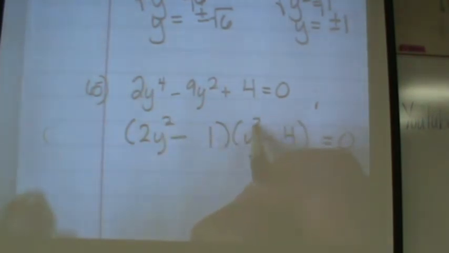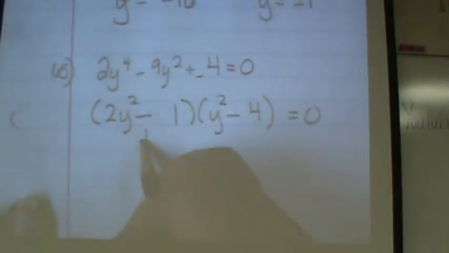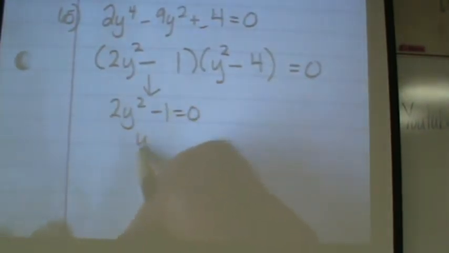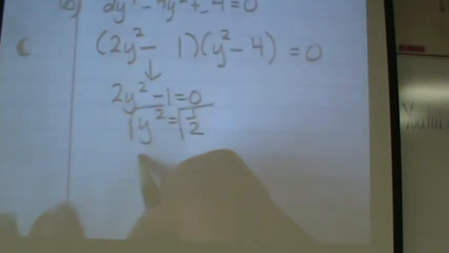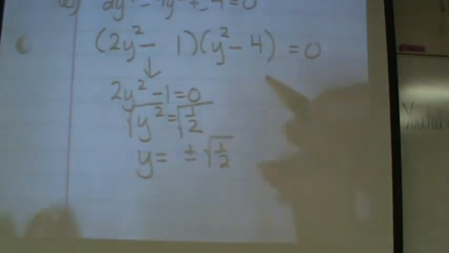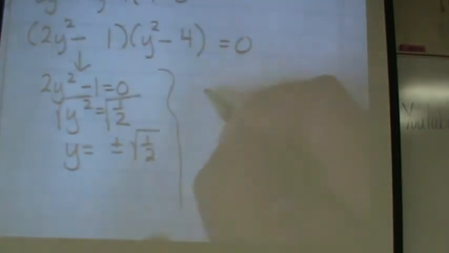And don't forget to square these. So we're going to bring this one down to 2y squared minus 1 equals 0. So add 1, divide by 2, and take the square root of both sides. y equals plus or minus the square root of 1/2. Now if you want to rationalize it, go ahead, but I'm not going to do that right now.